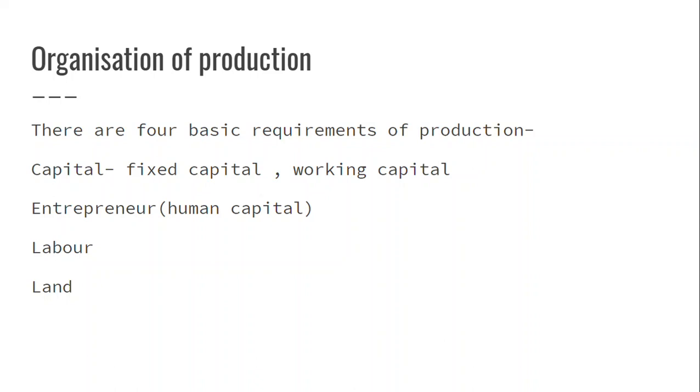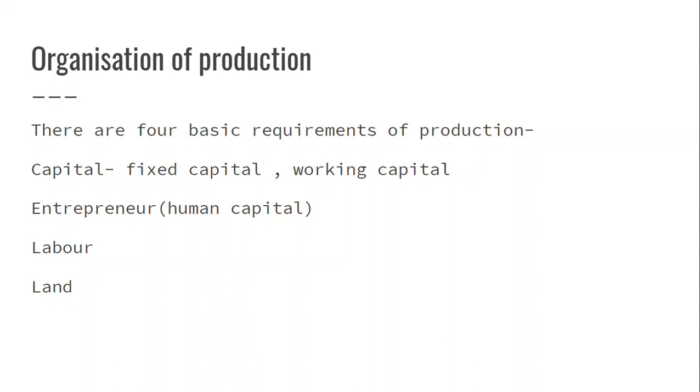Working capital is the things you need to keep working, like raw material and money. And then we have the entrepreneur, and that's basically the human who thought of the idea, not the labor, because that's next.